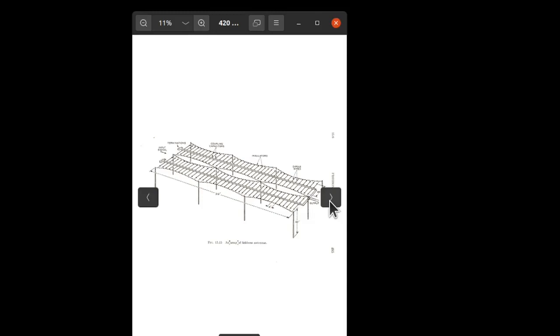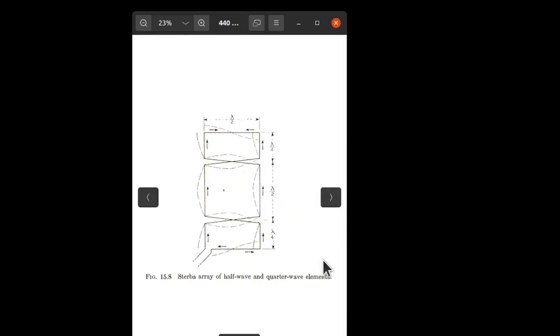Okay, we've already visited that. Here we have what's called a Sterba array, and it's probably difficult to visualize, but what we have here is a quarter wave stacked with a half wave, stacked with a quarter wave. This is a stacked radiator.